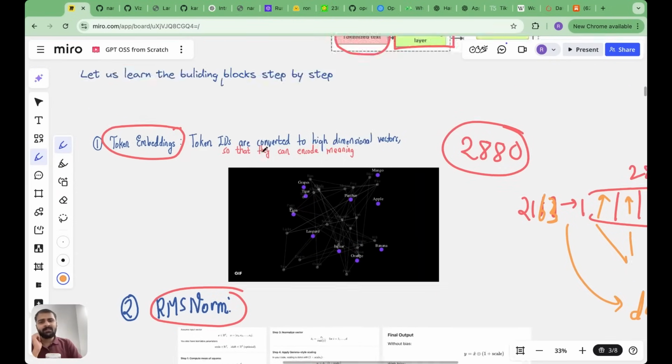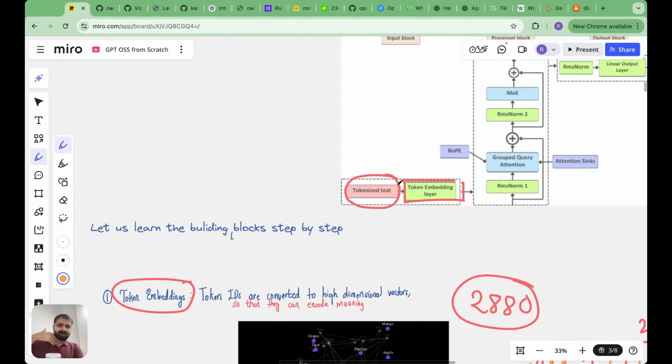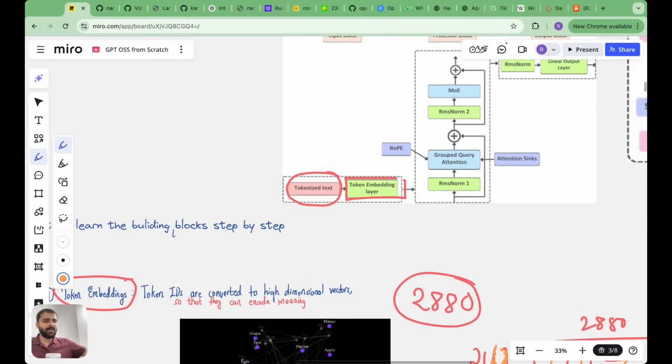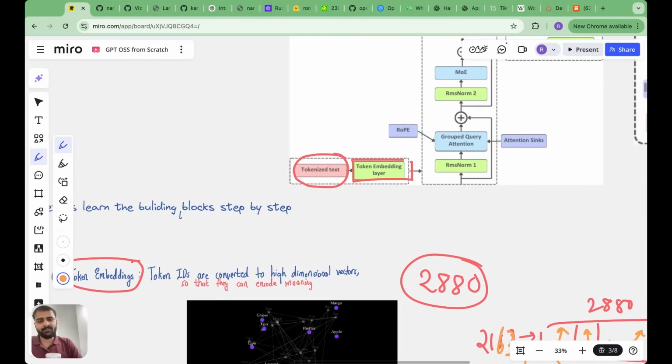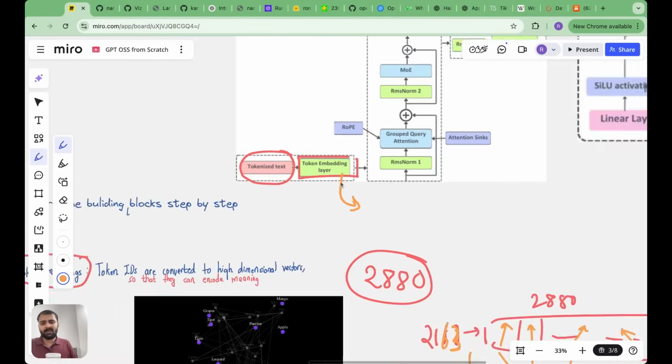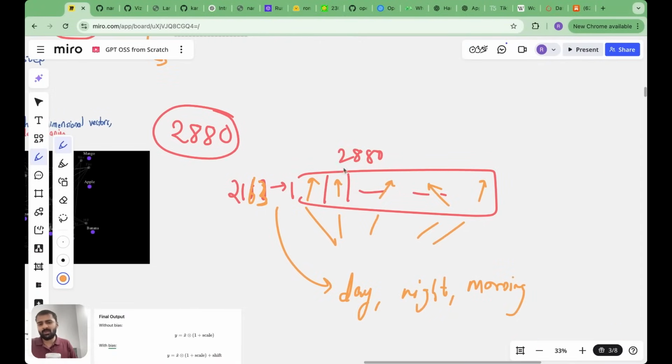This is nothing new, and it's used in all transformer architectures released from 2018, 2019, 2020 onwards. It's just that previous architectures had a positional embedding layer after this. Along with token embeddings, they also had a 2880 dimensional positional embedding, and they added the token embedding plus the positional embedding, which gave an input embedding.